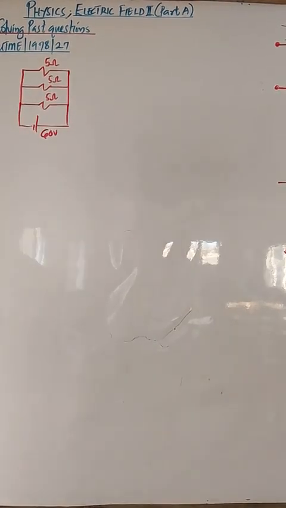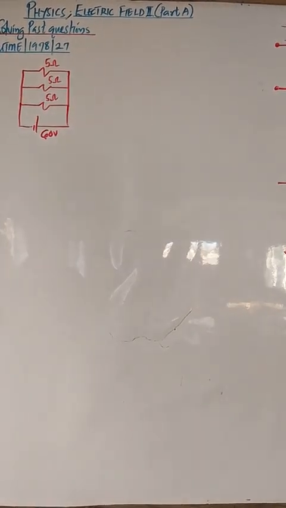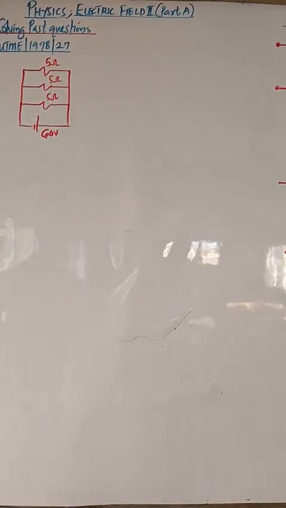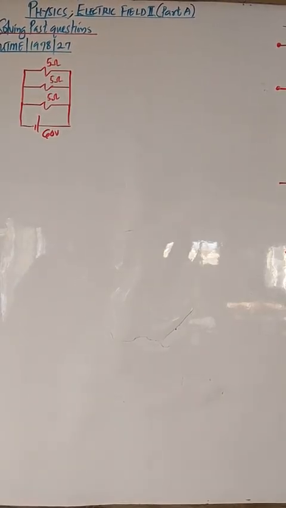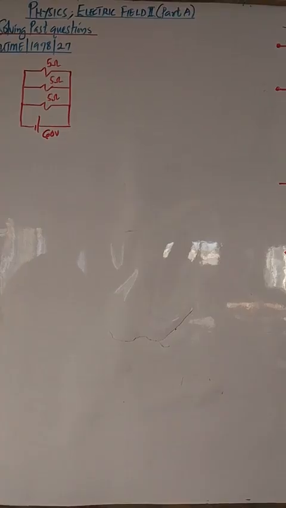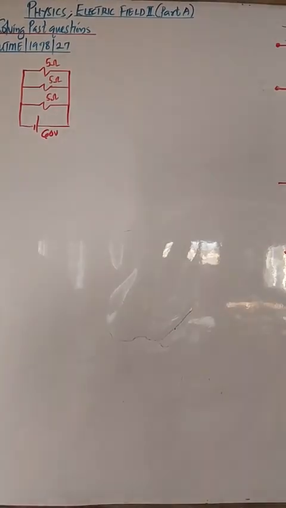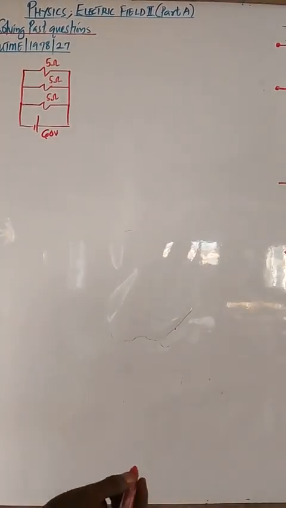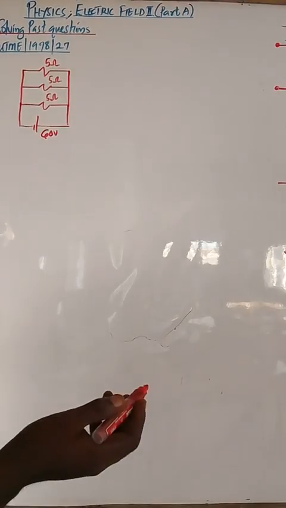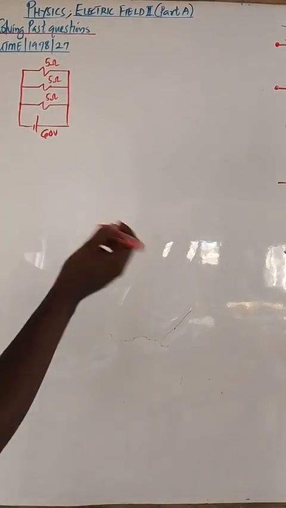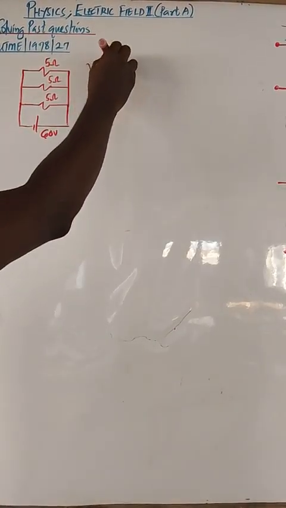The question is: the current in each resistor. This is extremely simple. Why? We are going to use Ohm's law straight. There is nothing about internal resistance here.